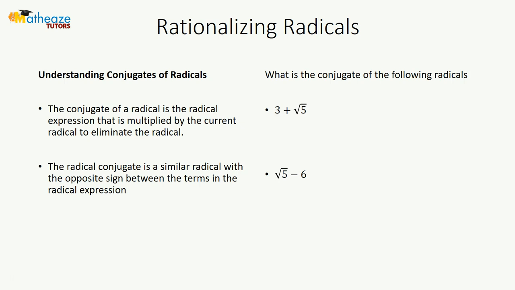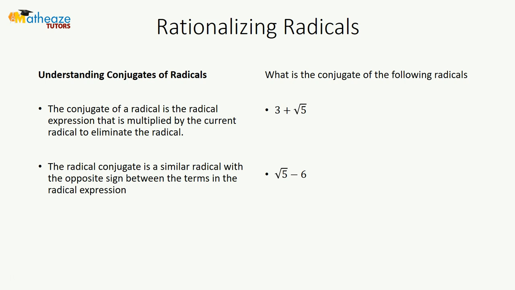Now let's look at the conjugate. What we do with the conjugate is we look for another expression that we can multiply the existing expression by, another radical expression that would somehow get rid of the presence of radicals.